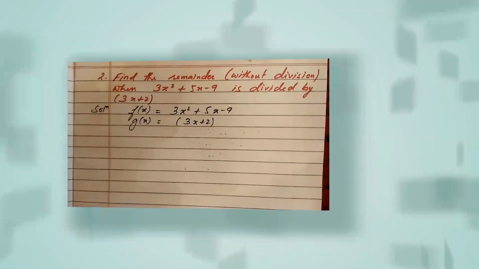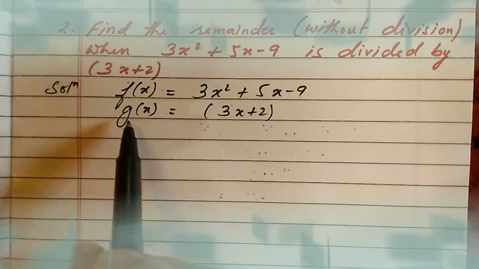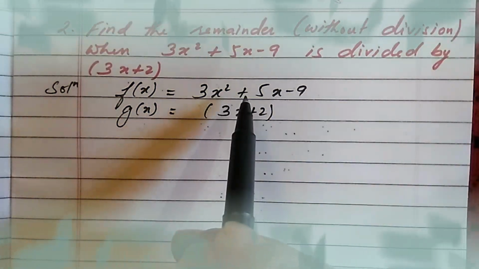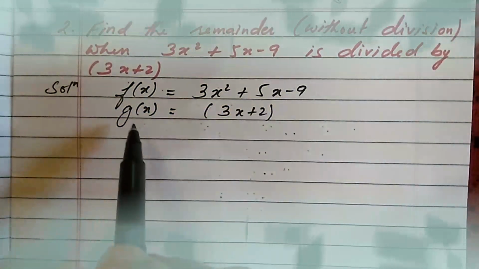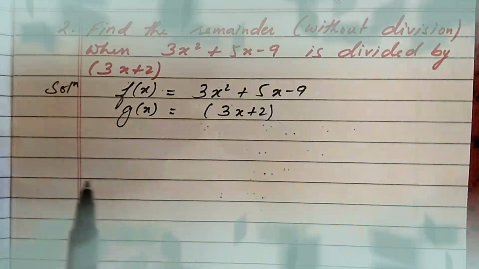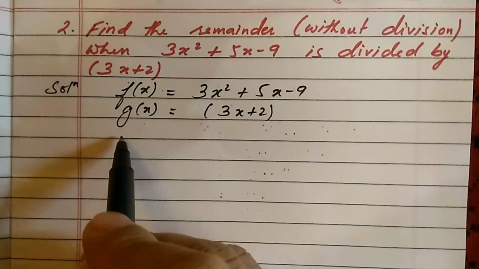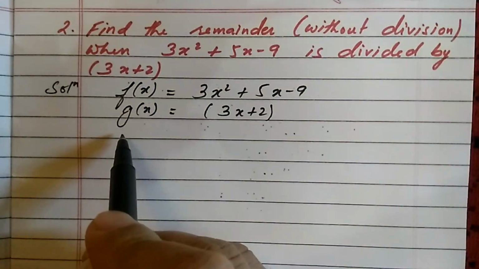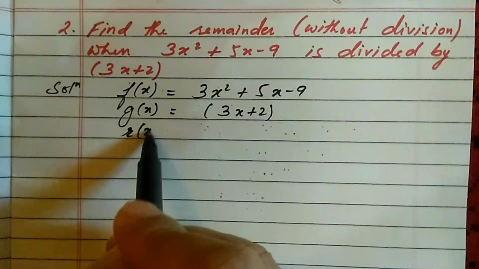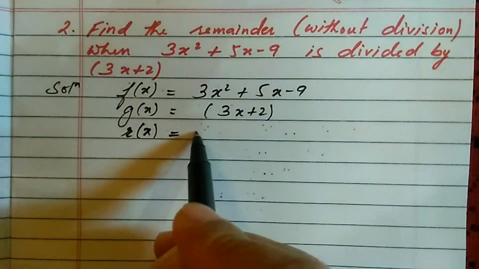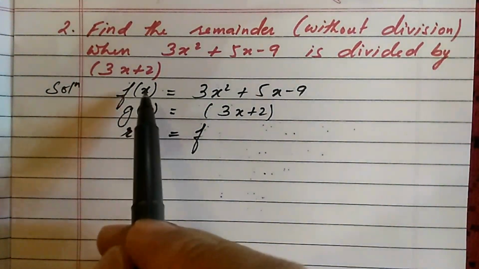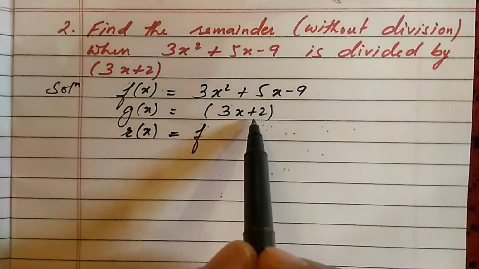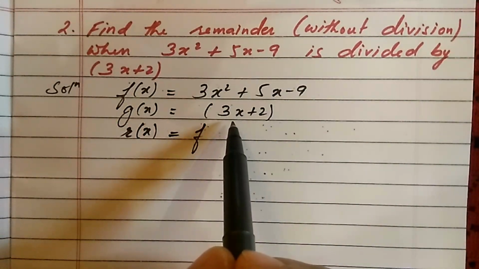Here's another similar question in which f(x) is given as 3x squared plus 5x minus 9 and g(x) is given as 3x plus 2. We need to find the remainder without actually dividing. So we can obtain the remainder r(x) by simply replacing the value of x in f(x) by minus 2 by 3.